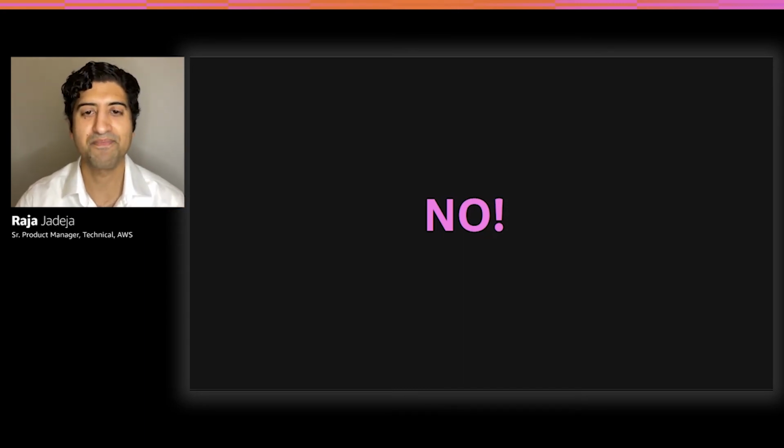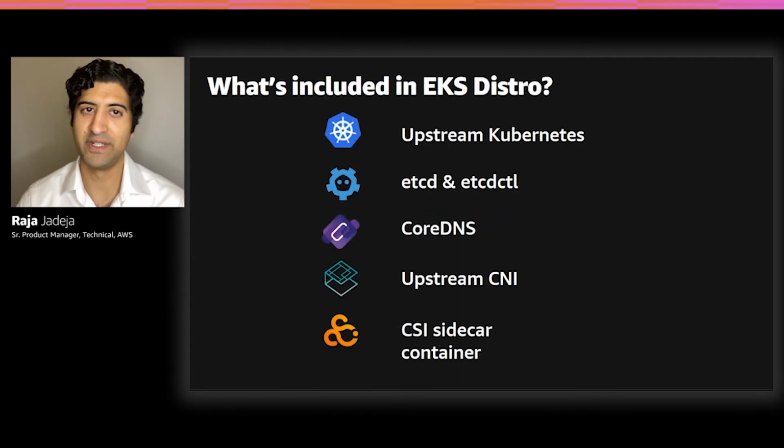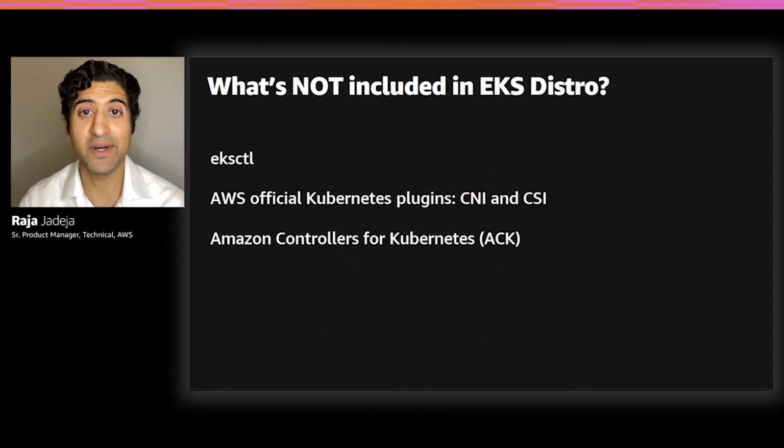And so what we're actually providing then is upstream Kubernetes, etcd and etcdctl, CoreDNS, upstream CNI, and then the CSI sidecars. These are all the core things that you need to get started. Now, notably, it doesn't include an AWS CNI. It doesn't include the Amazon controller for Kubernetes. We're actually providing just those open source bits that you need to get started and get going, and then expect you to pull in all the other tools that you want to use.